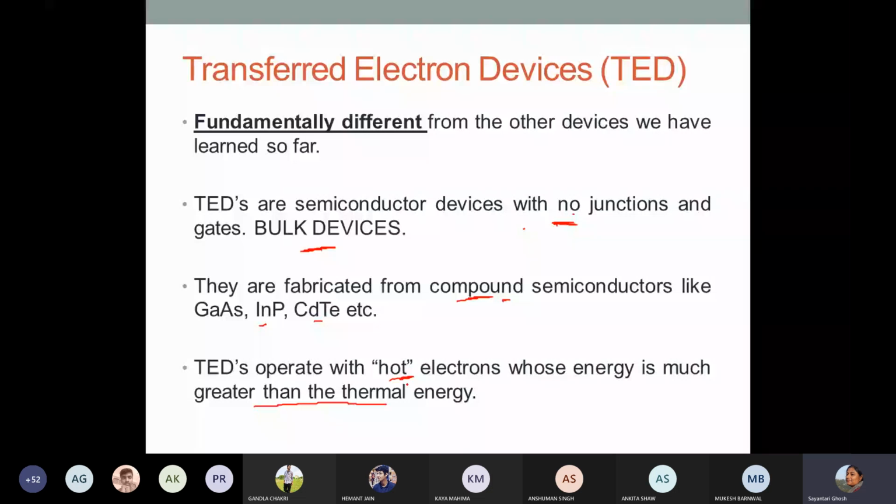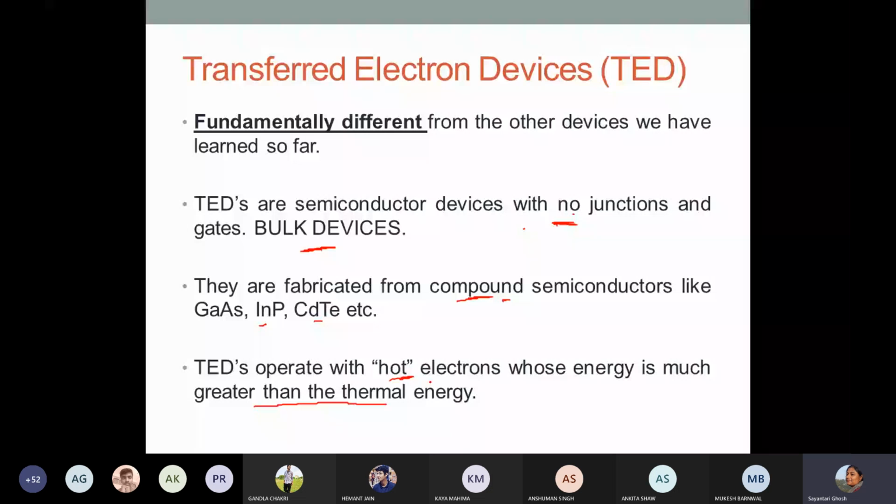So here you have to apply a high voltage or high electric field to the device to get the effect, to achieve very high energy electrons, which we call hot electrons. These three are the fundamental differences that we see in this family of devices.